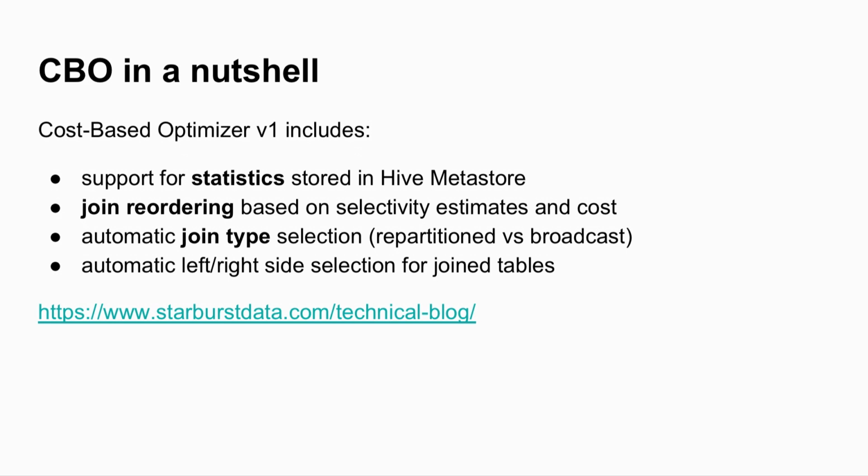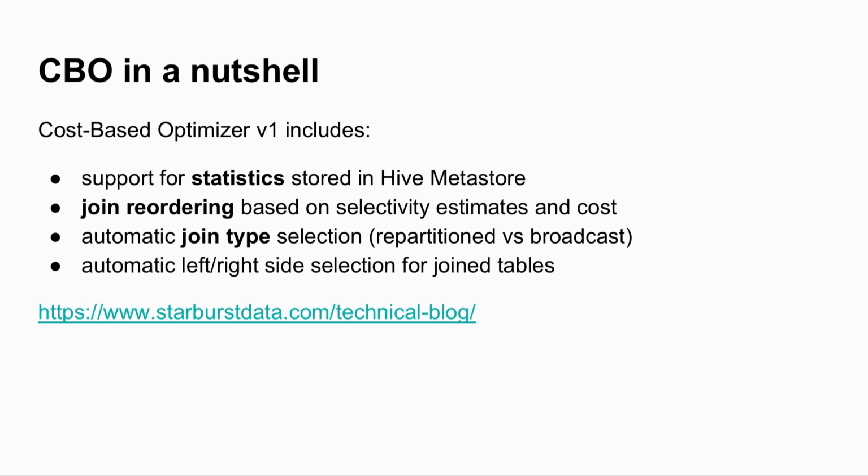Thanks, Martin. So let's dive into the cost-based optimizer, the first release of that. We call it V1. We are very, very happy about the results we are seeing so far in this first version, and I will show you some benchmarks later. But we want to stress this is not the end. This is the beginning for us in terms of cost-based optimization.